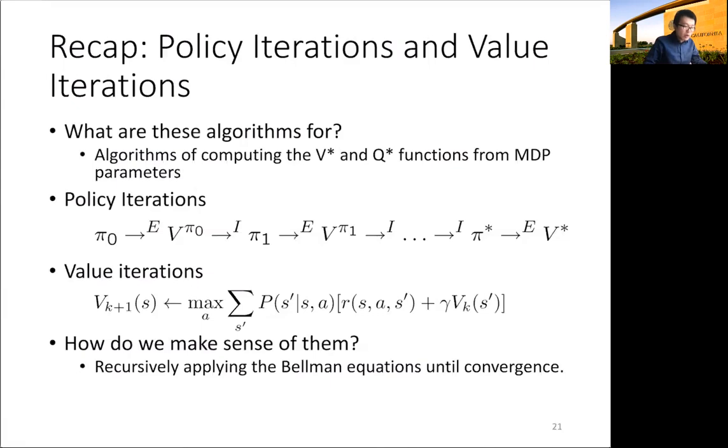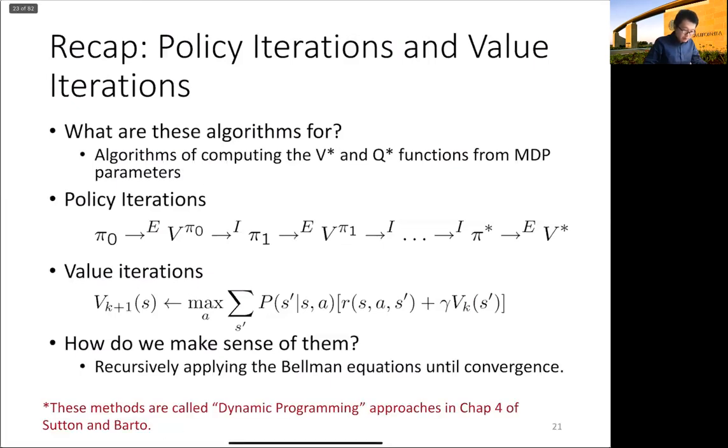So one design principle is to consider these algorithms and think about how we can adapt them to cases where we do not have access to the transition kernel P, or to the expected reward function R. In this case, what can we do?